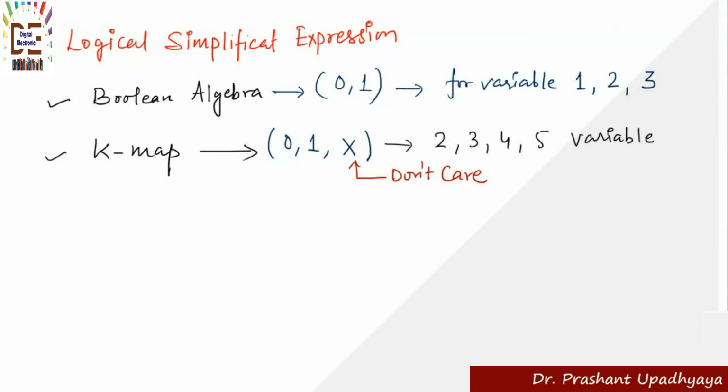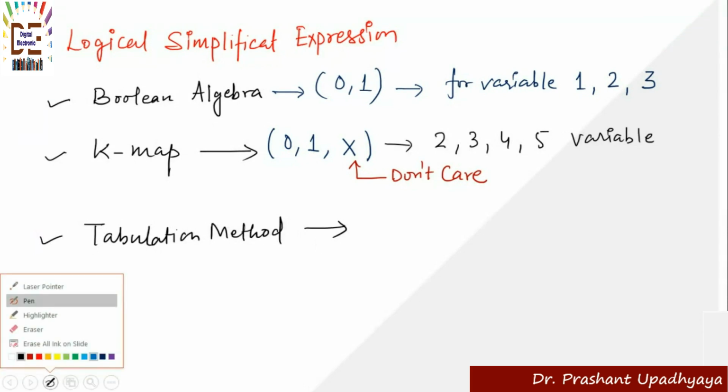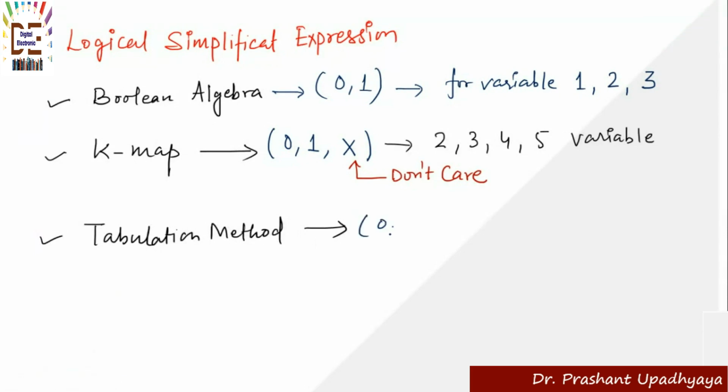After this, we have another method known as the tabulation method. Again, we will be using 0, 1, and cross.